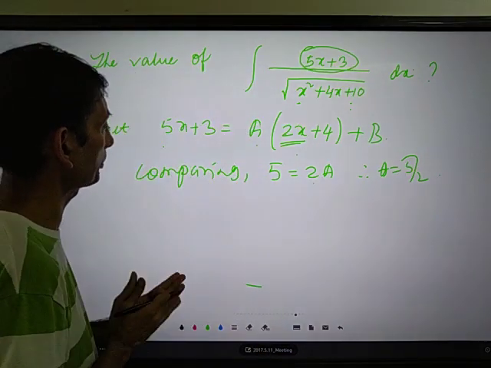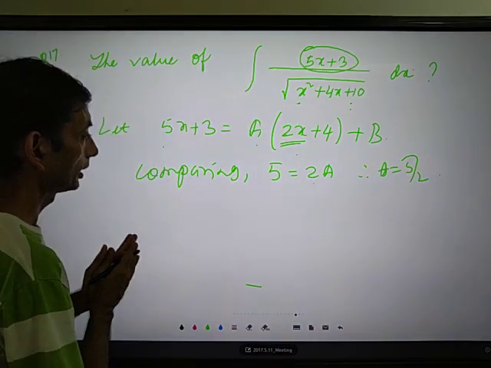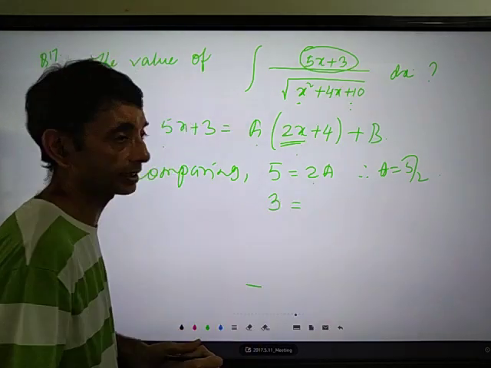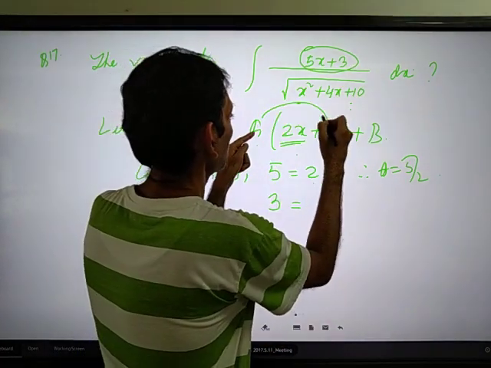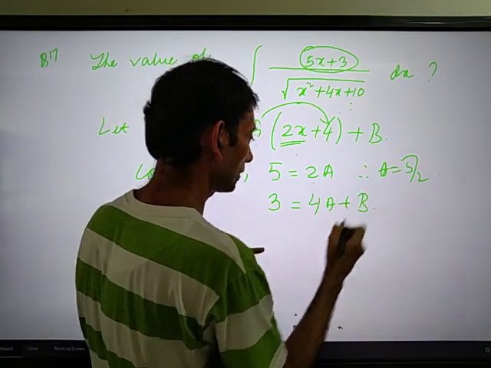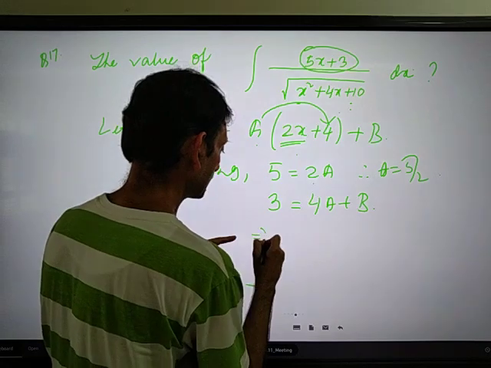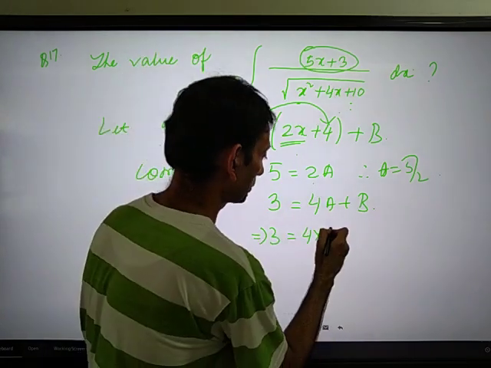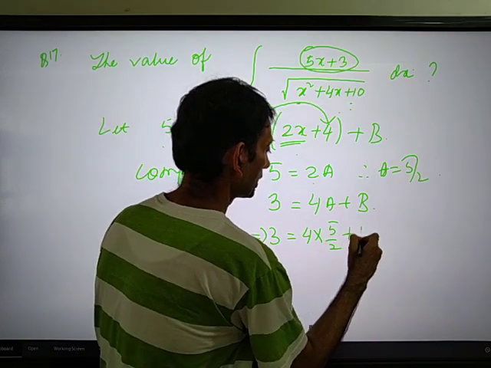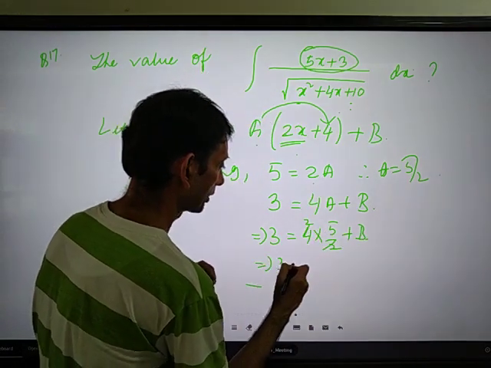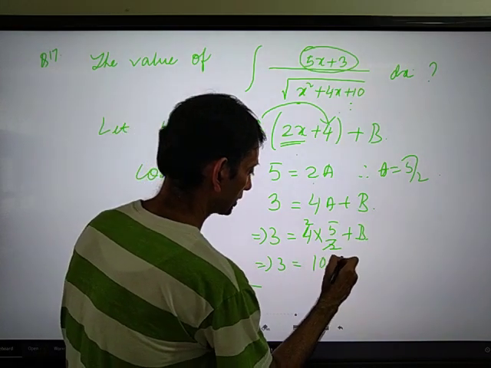Then we'll compare the constant term. On the left, the constant term is 3. And what is the constant term on the right? If you multiply a with 4, it's 4a plus b. You got the value of a already, so 3 equals 4 into 5 by 2 plus b. You can cancel this, so 3 equals 10 plus b.